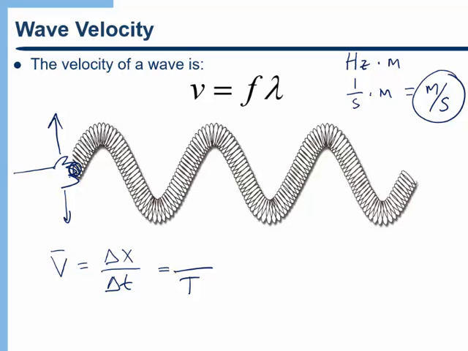Well, the part of the wave that was here as I started has now made it all the way to here in one period. So you'll notice that a wave travels one wavelength in one period. Of course, we know that frequency and period are inversely related, and therefore the velocity of the wave is the frequency times the wavelength. So that's where that formula comes from. It just comes from the concept that a wave will travel one wavelength in a time of one period.